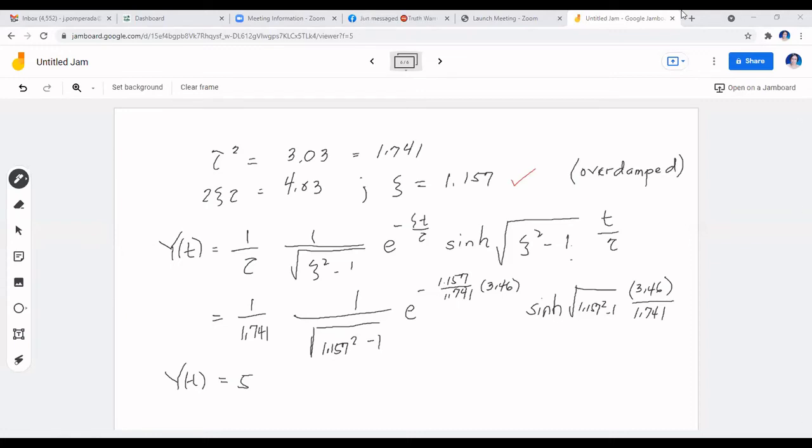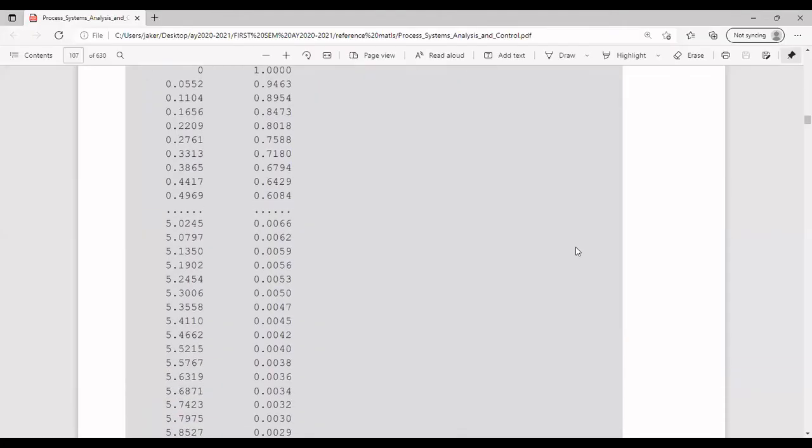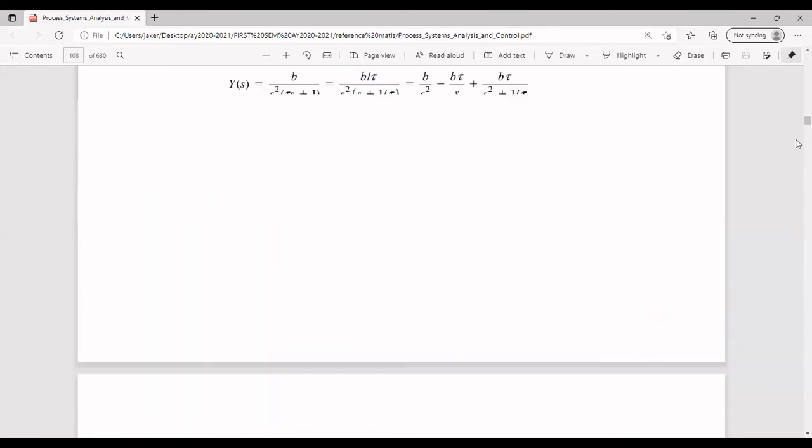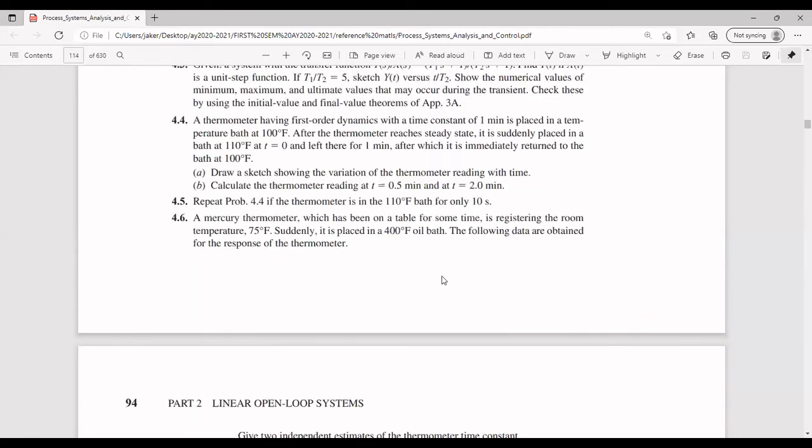Okay, I'll check, class, in the book whether this t over tau is part of the argument of the hyperbolic sine because there's a difference if we first process the hyperbolic sine of the square root and then multiply it to t over tau. To be sure, wait. Kindly check it also from your end if that is the case.